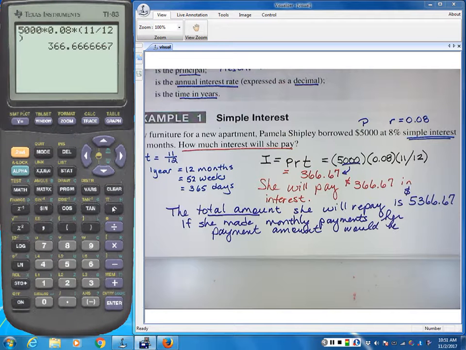So I'm going to take this and add her $5,000 that she borrowed, and then I'm going to divide that, since she was making 11 months. She was borrowing for 11 months. If she paid monthly, she would make 11 payments. So each one of her payments would be $487.88.